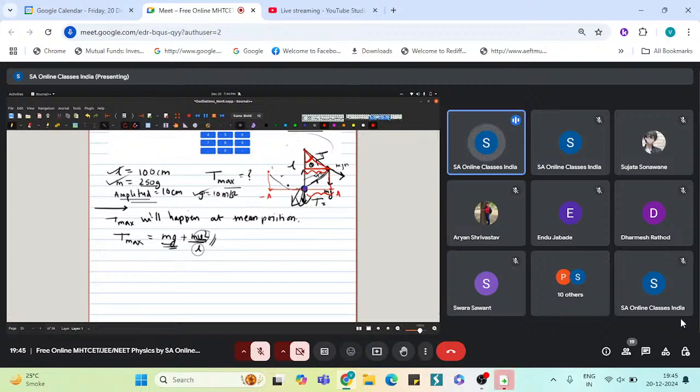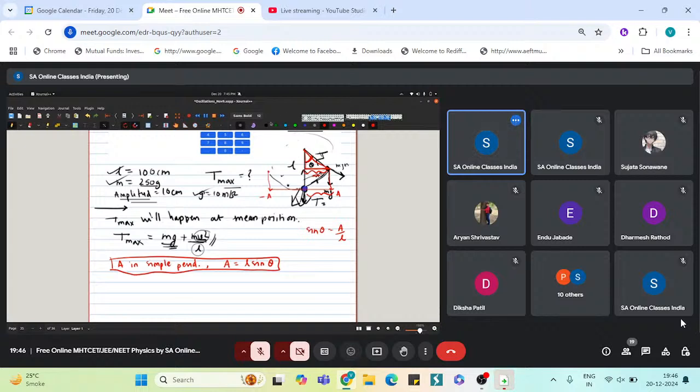So the amplitude in a simple pendulum is just going to be a is equal to L sine theta, because sine theta is just a upon L, and then a is just L sine theta. So this is another important concept: how we define amplitude in this motion, that is just L sine theta.